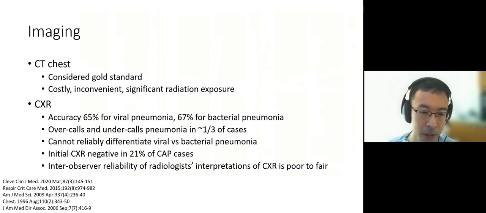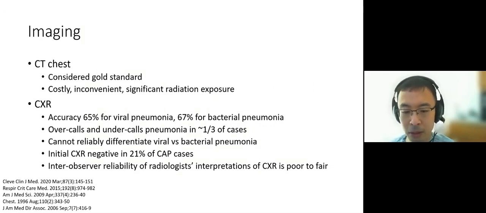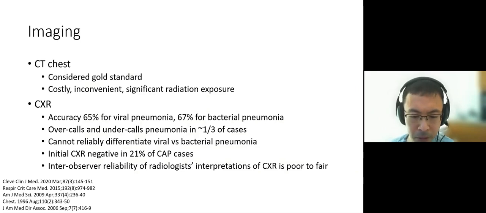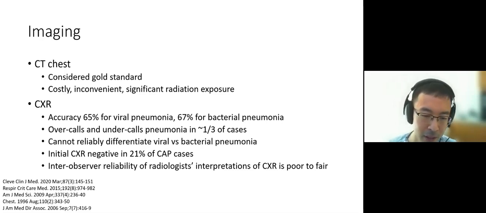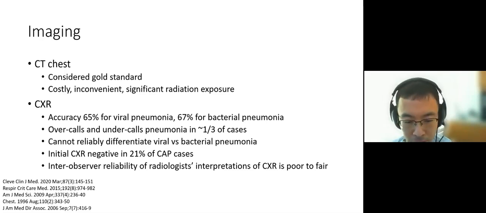The chest x-ray is the tool we rely on the most when diagnosing pneumonia, but it actually performs quite poorly for this indication. So it's only accurate about 2/3 of the time with both viral and bacterial pneumonia. So it either overcalls or undercalls pneumonia in about 1/3 of cases. It cannot reliably differentiate between viral and bacterial infection.